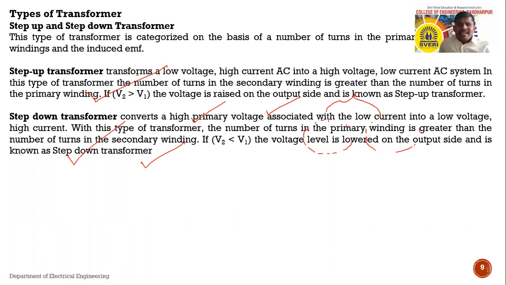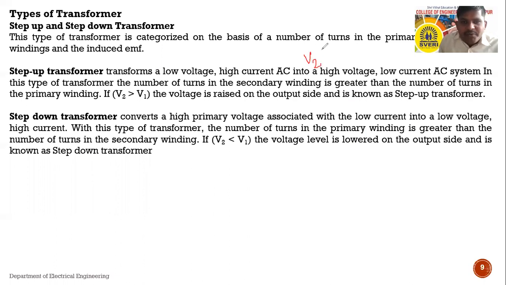According to the transformation ratio, which we have already seen, if the voltage on the secondary side increases, that is V2 will be greater than V1, that means N2 is greater than N1. Right?